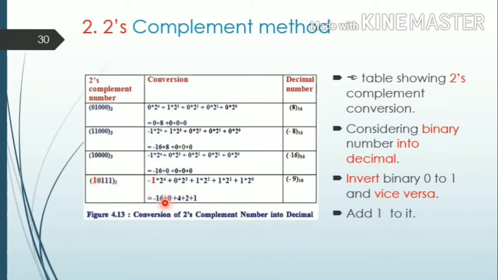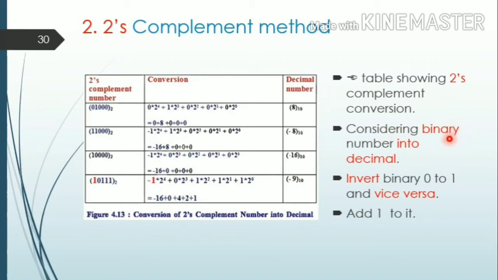So what does it represent? We will get -9 base 10, because the rest is the binary representation and this represents -1, so it is -9. Use this method. This table shows the 2's complement method conversion.